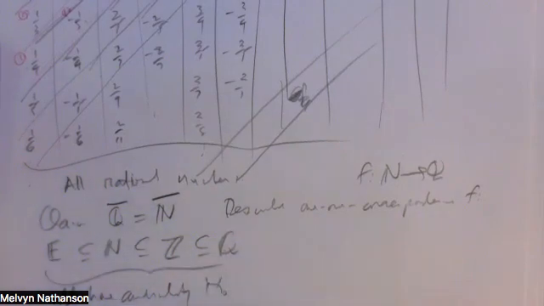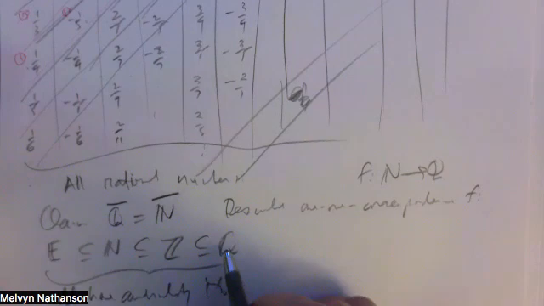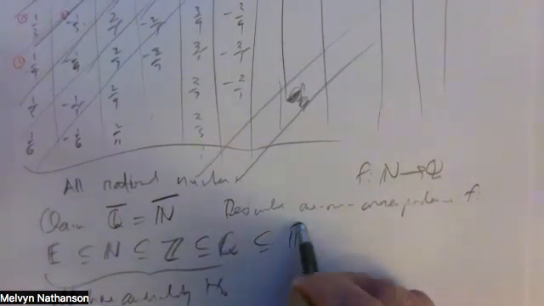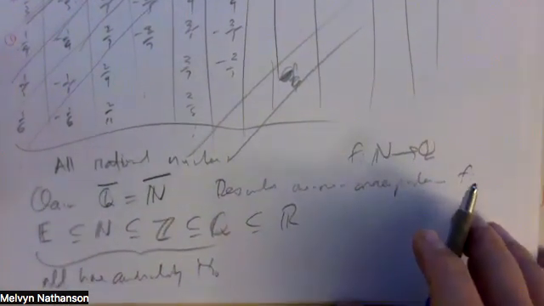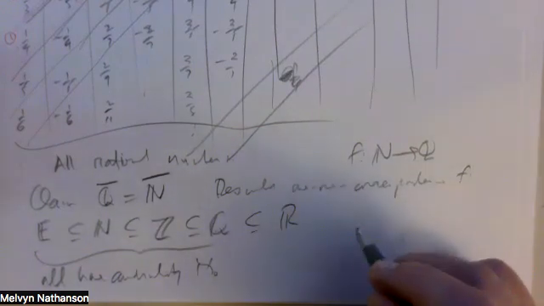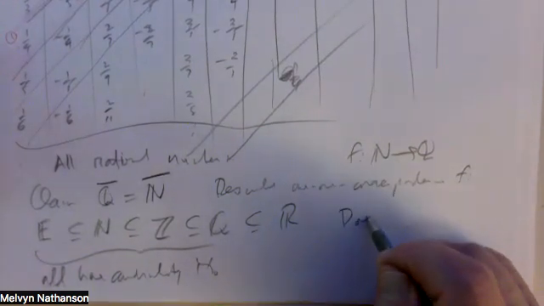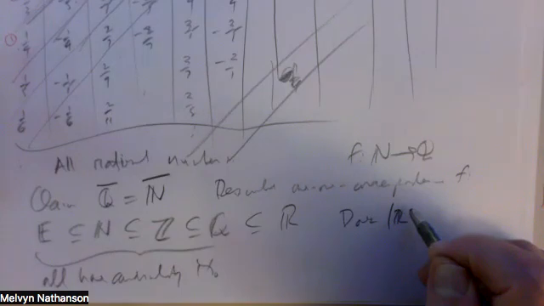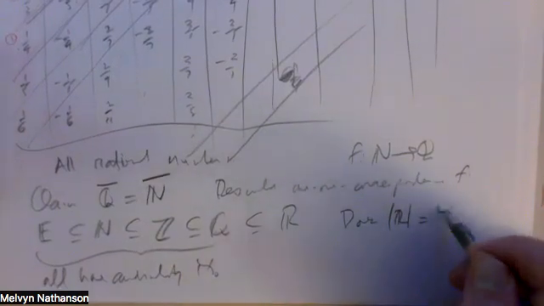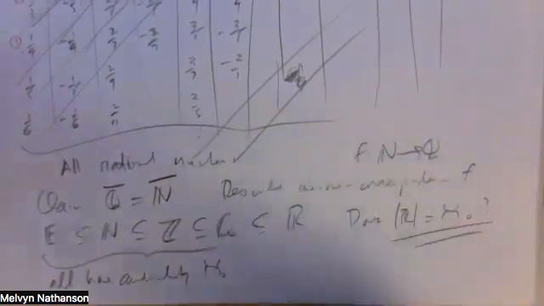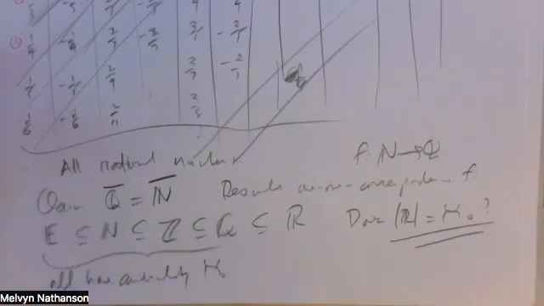Aleph naught. So let's see, what's the next larger obvious set to consider? We have the rational numbers, and that's considered inside the real numbers. So we can ask, does the cardinality of the real numbers also equal Aleph naught?